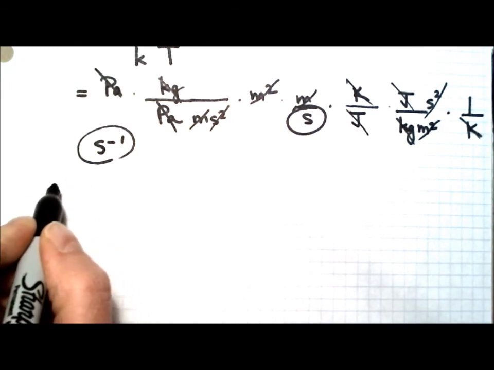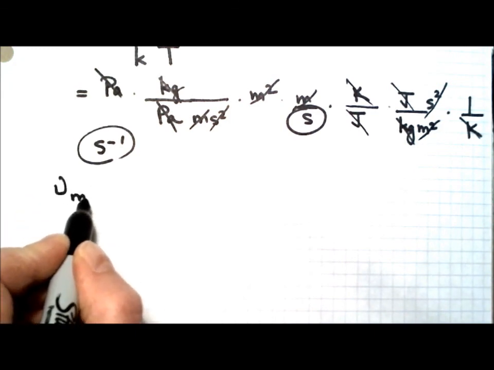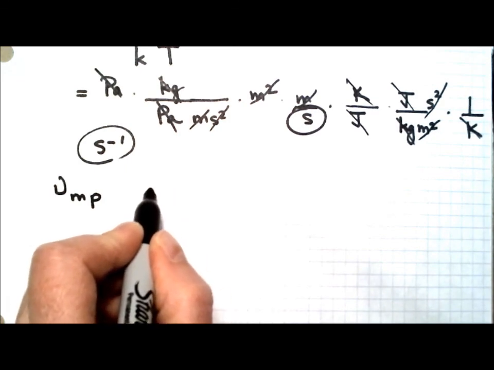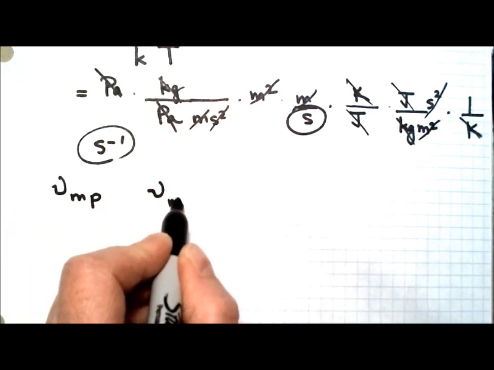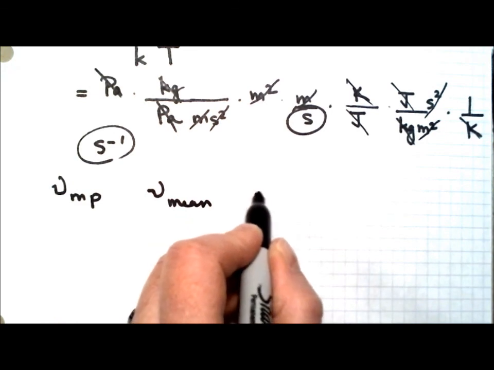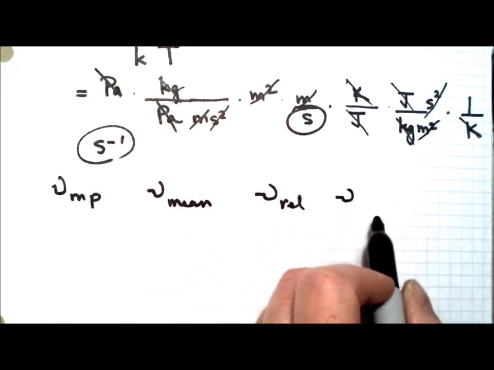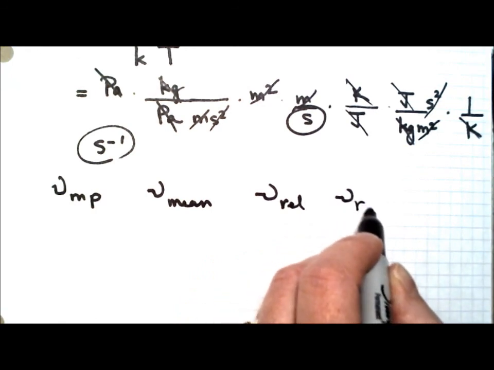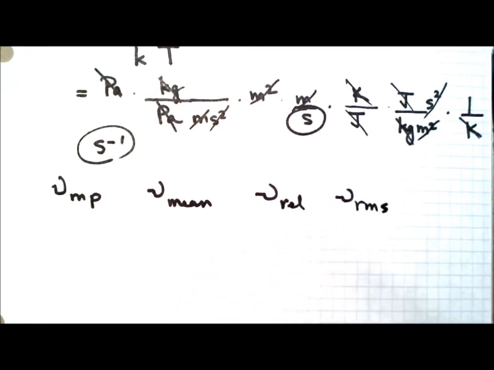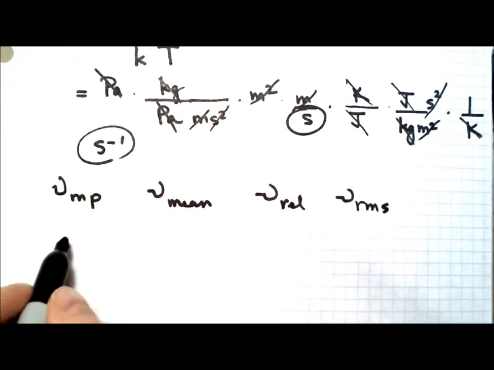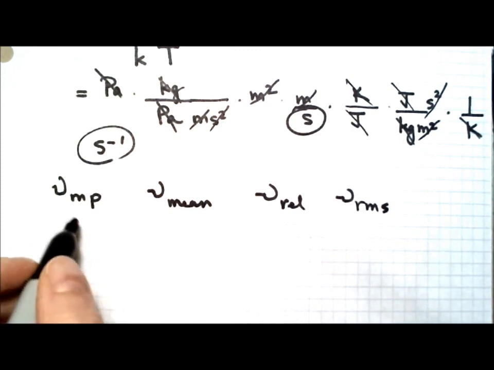We have the most probable, we have the mean, and we have the mean relative, and we have the root mean square speed. So we want to look those up in our notes and make sure that we can identify all of these. We don't want to memorize them, we just want to recognize them.